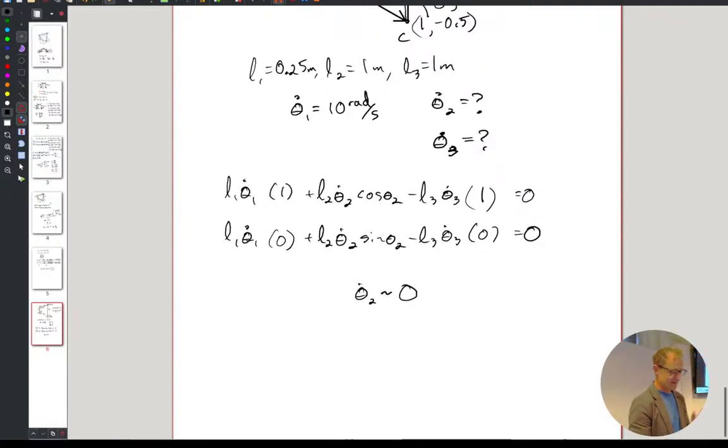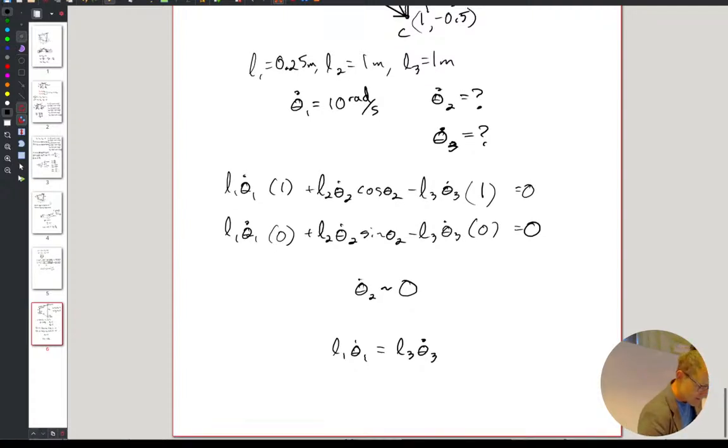I could say L1 theta 1 dot is L3 theta 3 dot, at least within 2 or 3 sig figs.